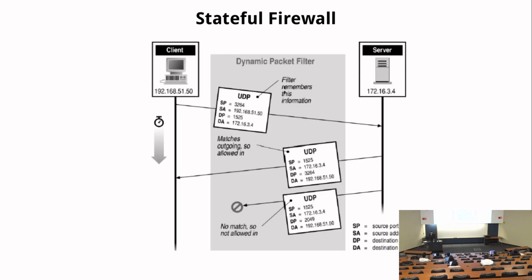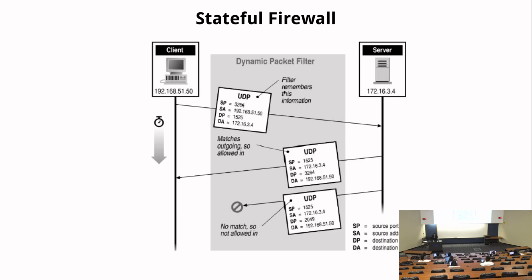Then there are also stateful firewalls that can remember the history. Let's say in this example, we have a client and a server. The client has this IP address, and the server has this IP address. Then the client sends a UDP packet with this source port number 3264, source IP address, that's the correct IP address, and the destination port number and destination IP address.